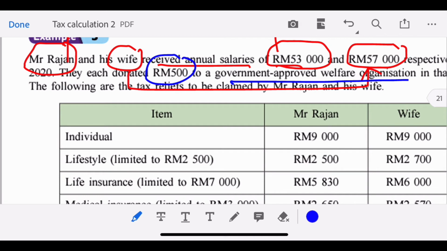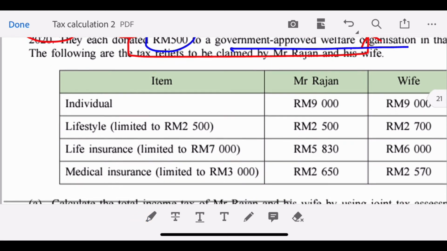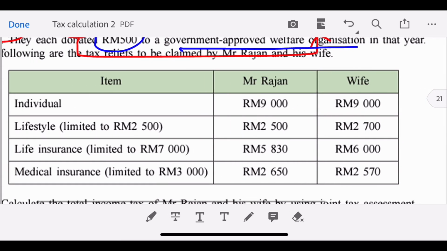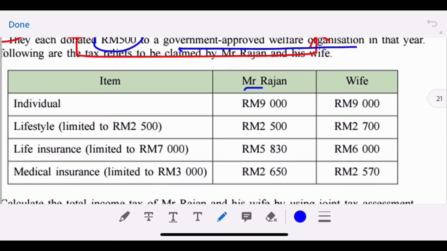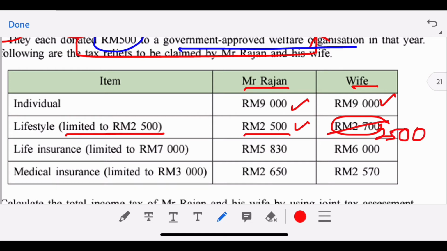The following are the tax reliefs to be claimed by Mr. Rajan and his wife. So as you can see, for Mr. Rajan, individual is 9,000, wife is 9,000 also. Lifestyle relief is 2,500, still eligible, but this one we have to refer to the limitation there.